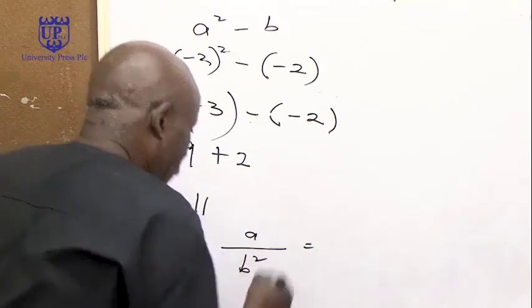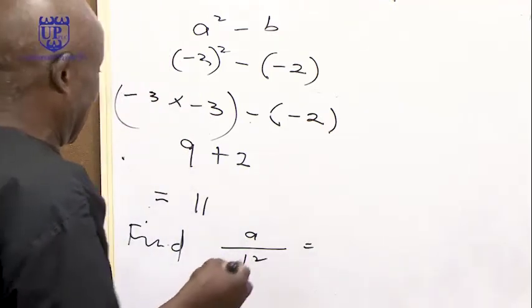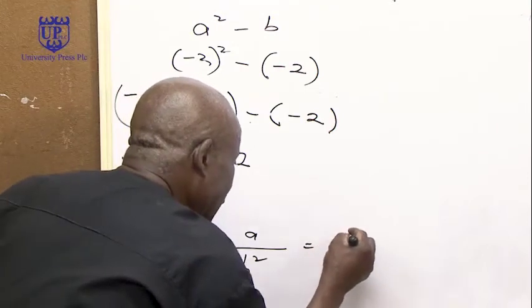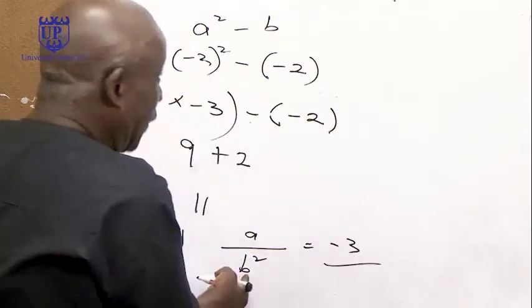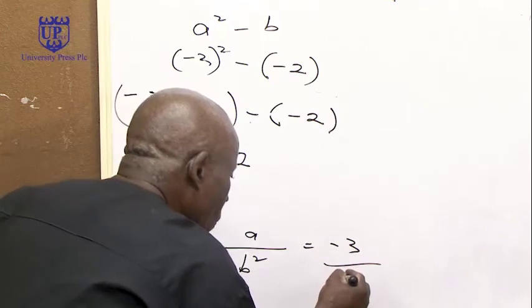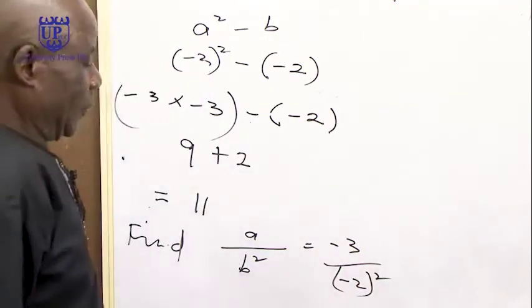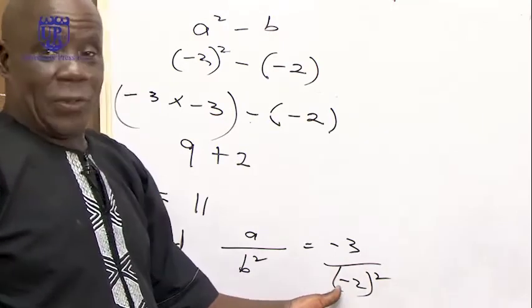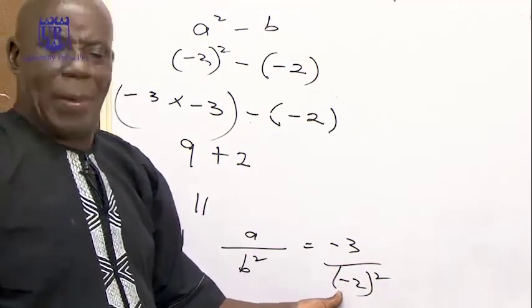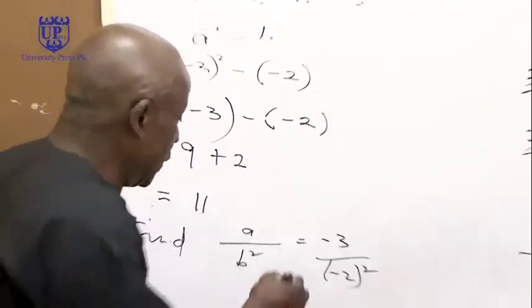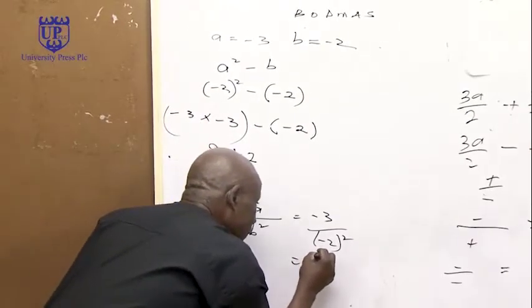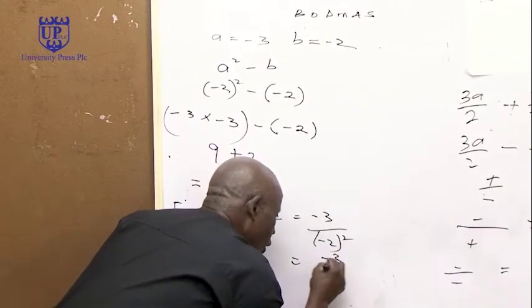You know that they want to find out whether you know how to substitute correctly. That one will be minus 3 all over, what is b? Minus 2. Minus 2 all squared. Minus 2 squared is minus 2 multiplied by minus 2. So this one will be minus 3 all over 4.